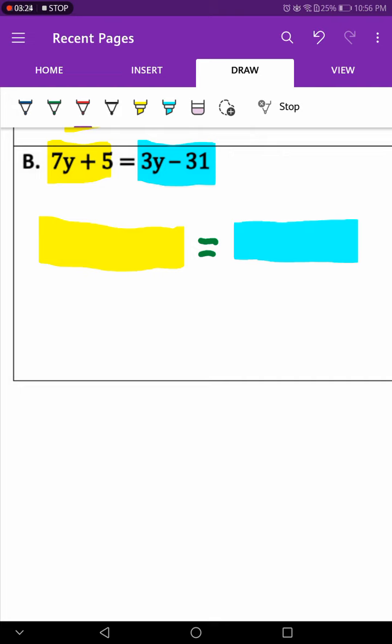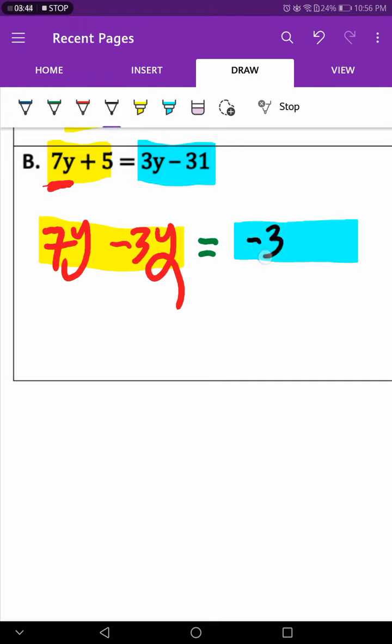So from before I have 7y, it is the host, and the guest is negative 3y. But on the right side, the host is negative 31 and the new guest is negative 5.